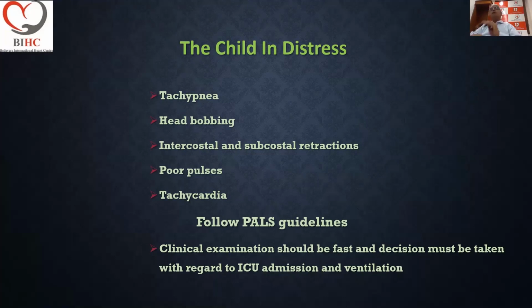If you find one or more of a combination of these things, then what we should do has been dictated by PALS. Clinical examination should be fast and a decision must be taken with regard to ICU admission and/or ventilation.